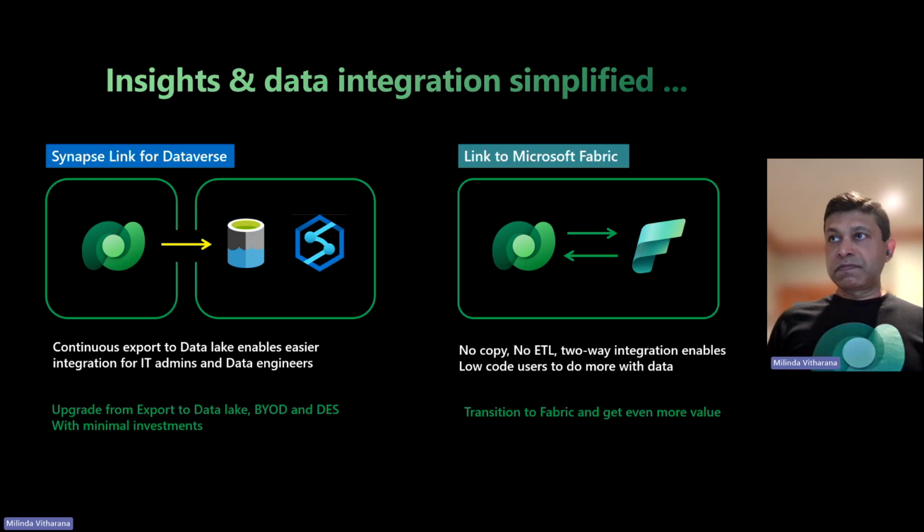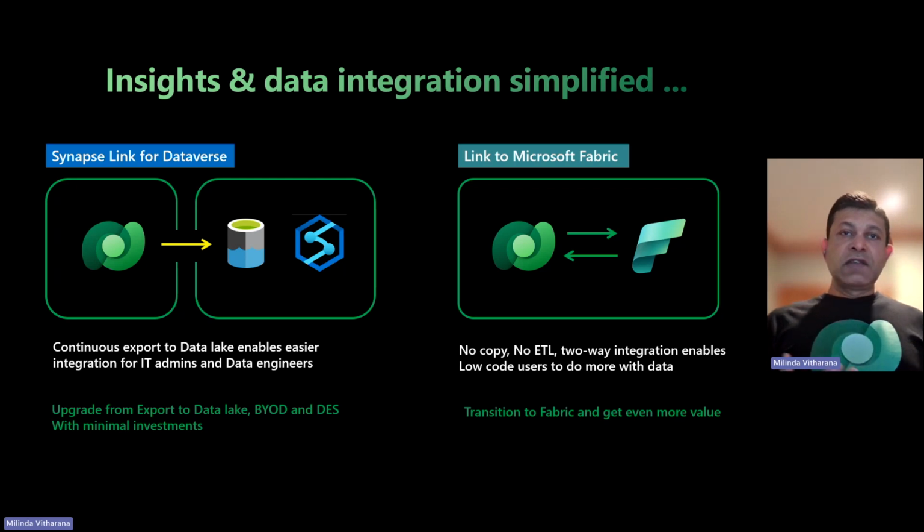Power Platform. If you look at the left-hand side, we have a service called Synapse Link for Dataverse. Essentially, this service continuously exports your data from all the Dynamics 365 apps, finance and operations, customer engagement, as well as Power Apps, into a data lake in your own subscription.